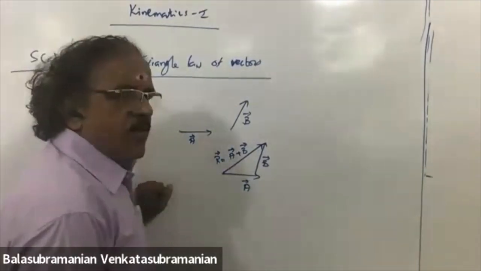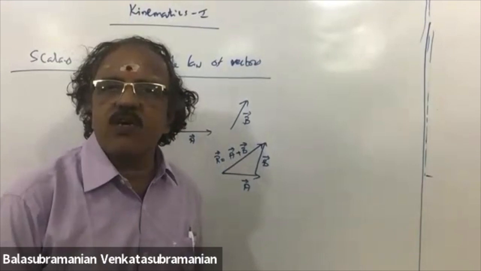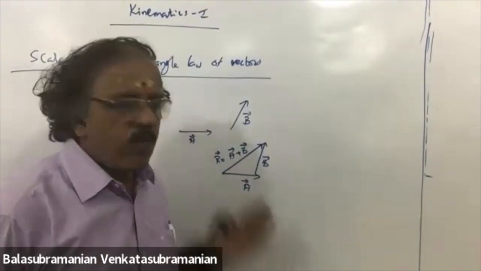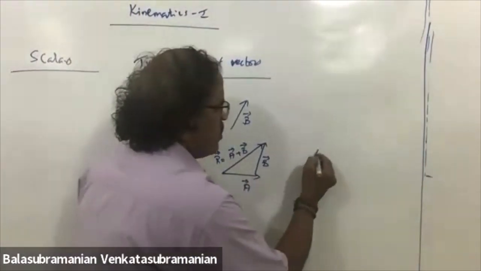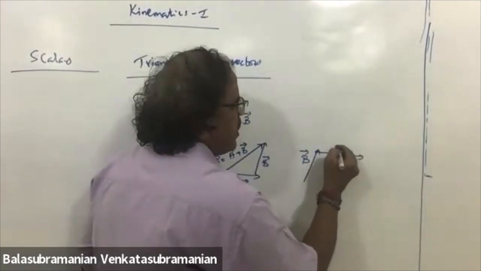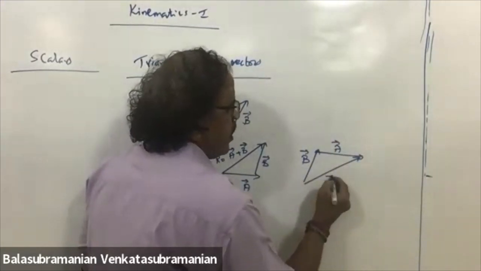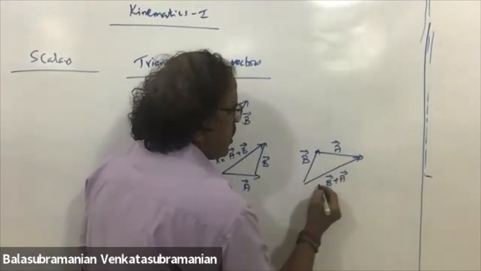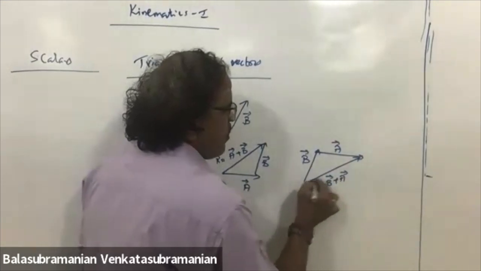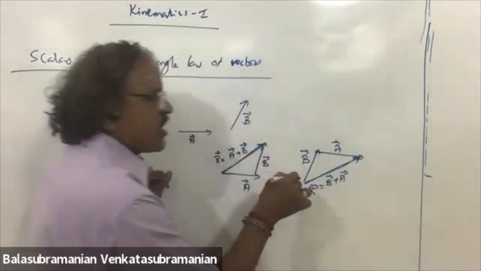No, sir. I want to prove the commutative law, B plus A is equal to A plus B. How will you write? You can. This is vector B, you take it as first. This is vector A, you take it as next. This is the resultant B plus A. You see here, the resultant magnitude and direction are the same in both cases.